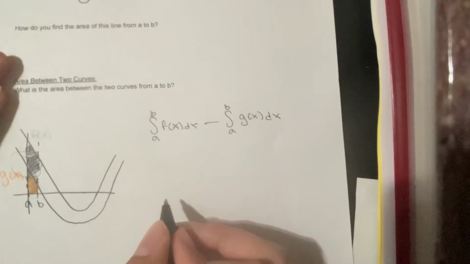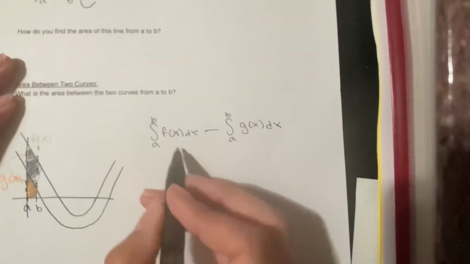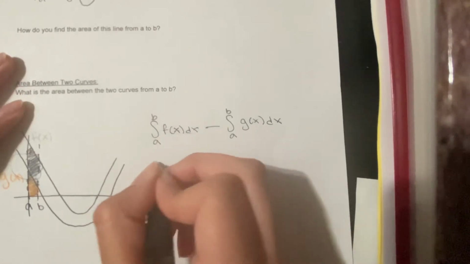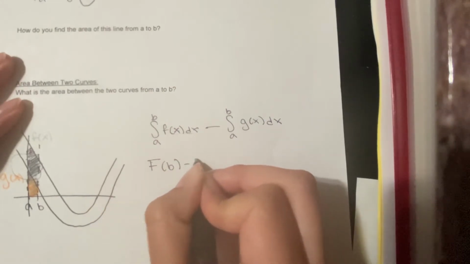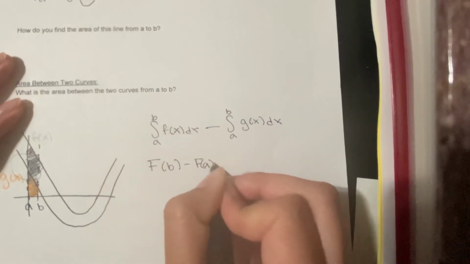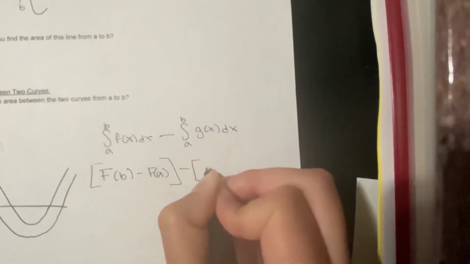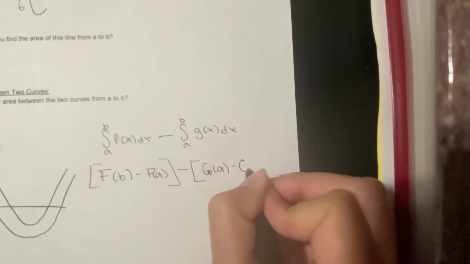So let's see how we would solve this. From the question above, we know that the antiderivative of f of x could also be written in this form: F of b minus F of a, subtracted by G of b minus G of a.